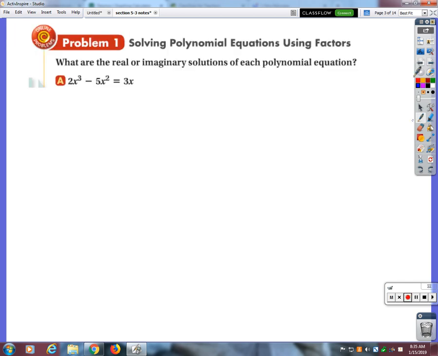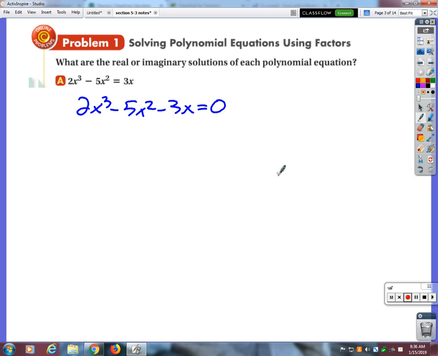So let's start with 2x cubed minus 5x squared equals 3x. What do I have to do first? Subtract the 3x. Yeah, because all of these things that we just went through, the one thing that they all have in common is you always start by getting them set equal to 0.